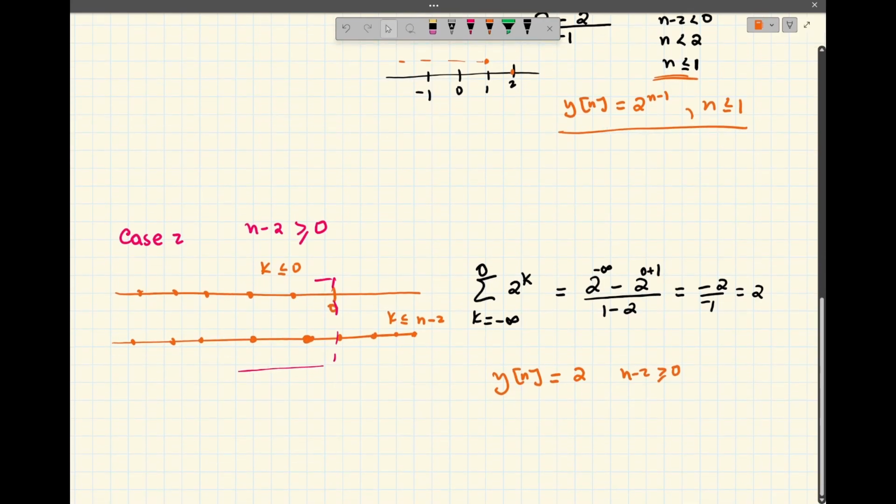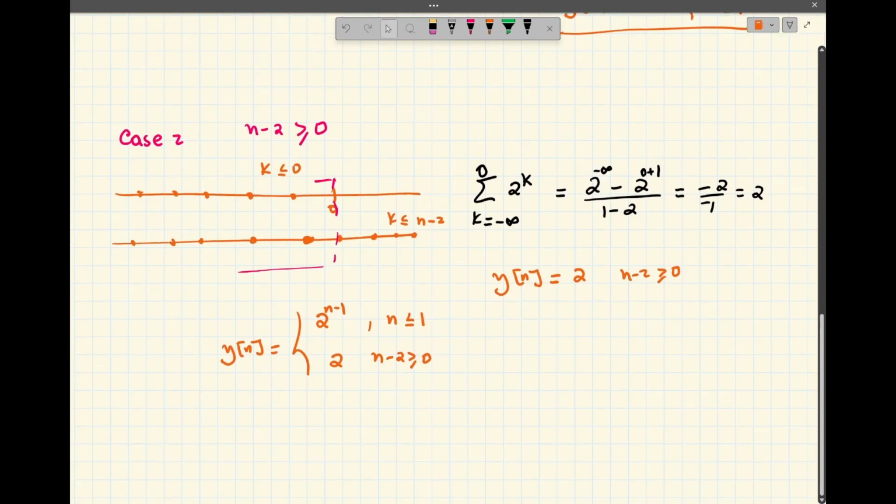So we can write this as a piecewise function. So it's 2 to the n minus 1 when n is less than or equal to 1, and it's 2 for n minus 2 bigger or equal to 0, n bigger or equal to 2.